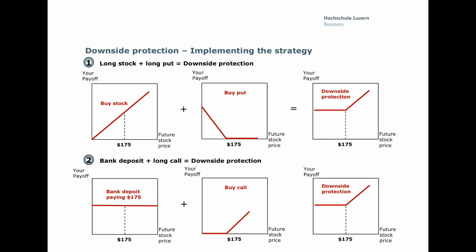When we combine these two positions, we achieve the same payoff as in the first approach above. If the price of the stock falls, your call is worthless, but you still have your $175 bank deposit. Moreover, for every dollar that the stock price rises above the $175, your investment in the call option pays off an extra dollar. In summary, you participate fully in any rise in the price of the stock while being fully protected against any fall.